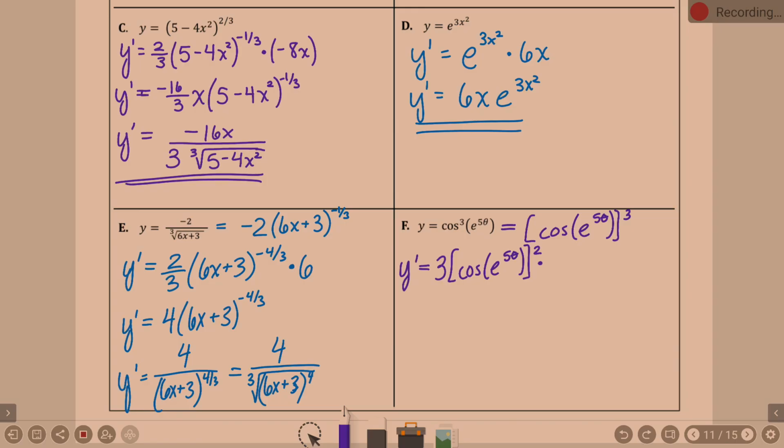So the outsidemost function was the cube power of 3. The next outsidemost function is cosine of something. How do we do the derivative of cosine of something? The derivative of cosine of something is negative sine of something. Why do I keep saying something? Because we've got to put that something back in there.